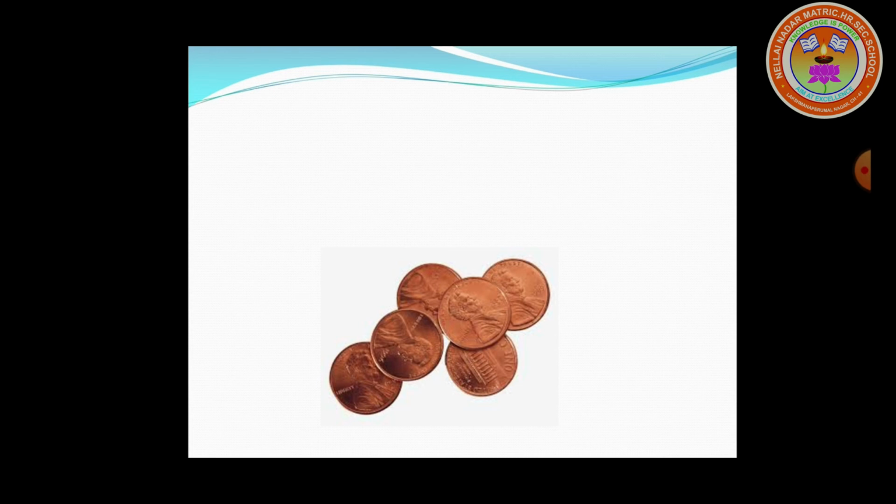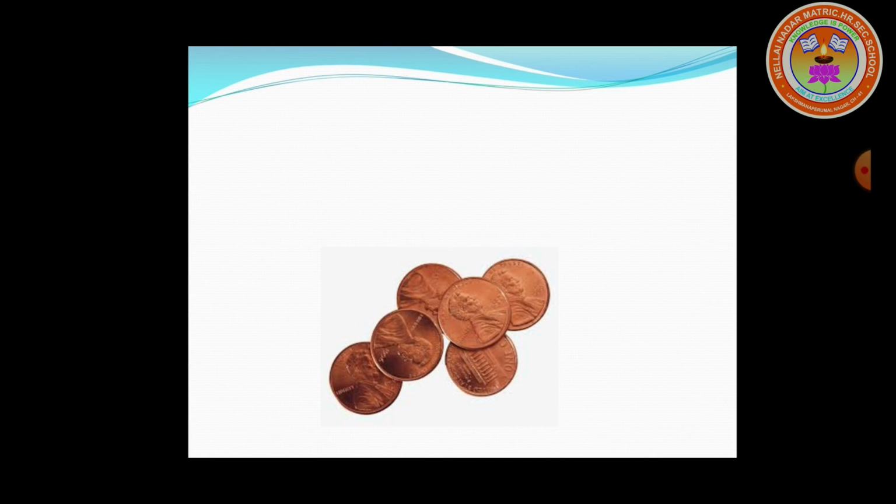Atoms. So in this case, we can find out the number of atoms present in the copper coin, not in a direct way, but we can use an indirect method.